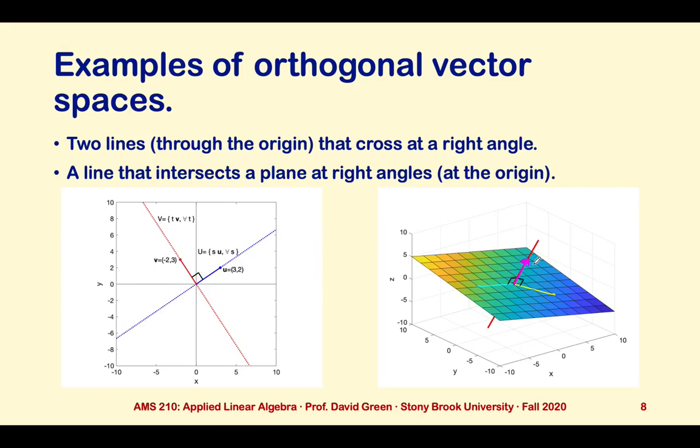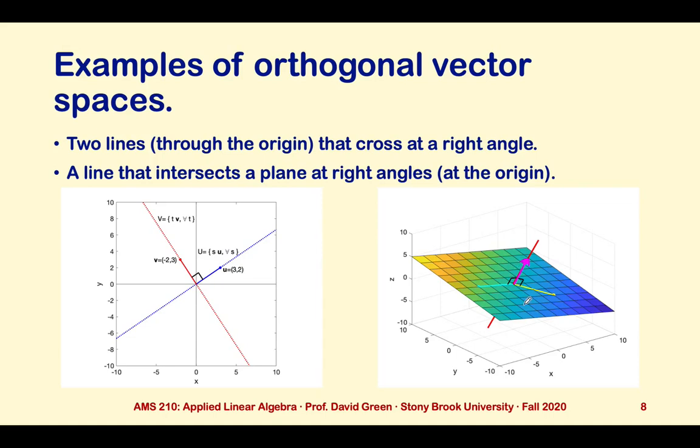They are orthogonal complements. If I had had 2 lines in 3 dimensions, the 2 lines might cross at right angles. They might still be orthogonal, but 2 lines are not sufficient to generate 3-dimensional space. So 2 lines in 3 dimensions would not constitute an orthogonal complement.